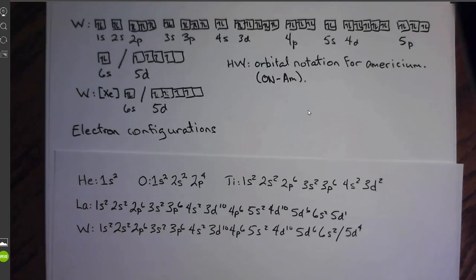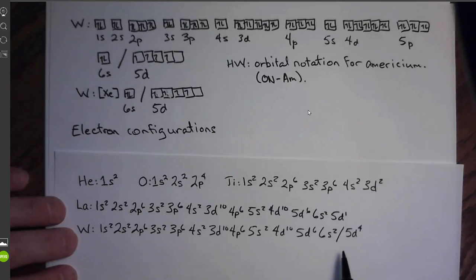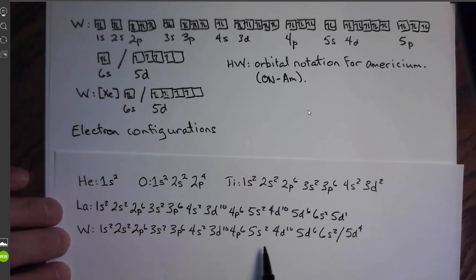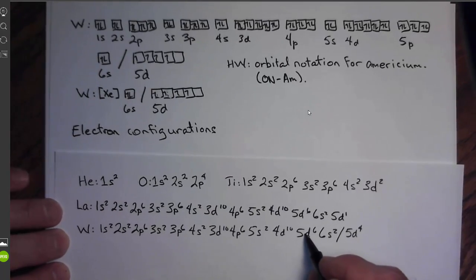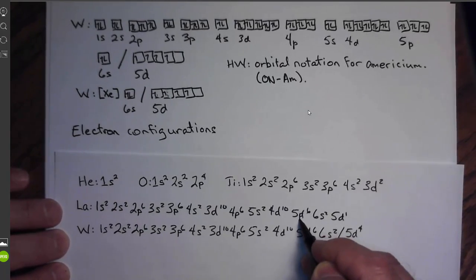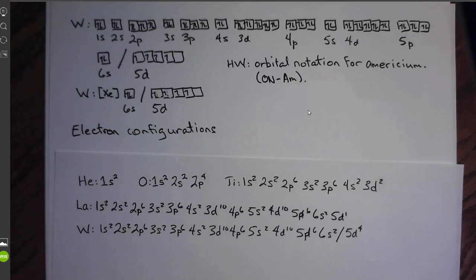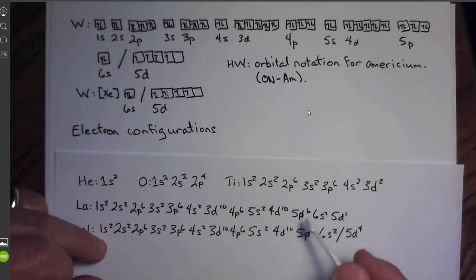So near the end, when it says 5s and 4d then 5d, why would that be 5d and not 5p? Oh, I'm sorry. That should be a P. That's my fault. Y'all didn't catch it a while ago. So you're absolutely right. I messed up there. You got it. Good catch, man.